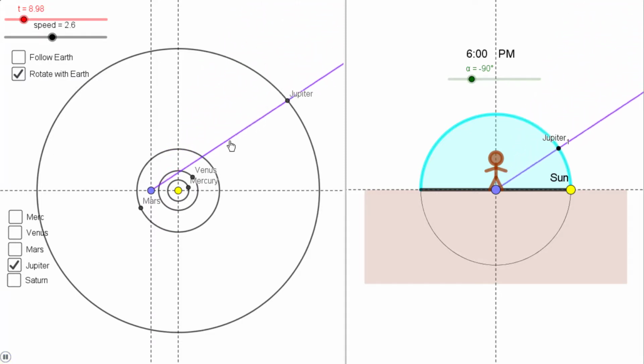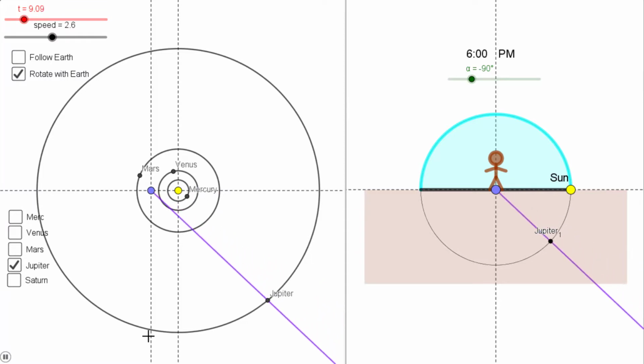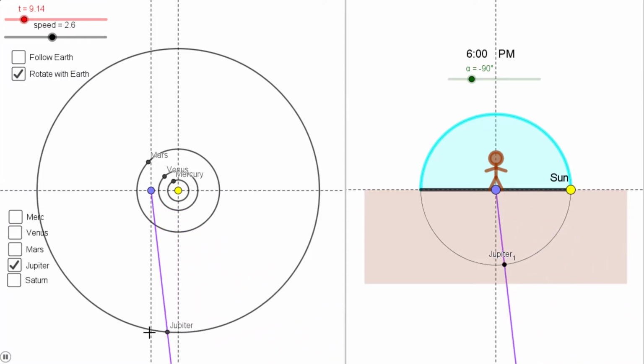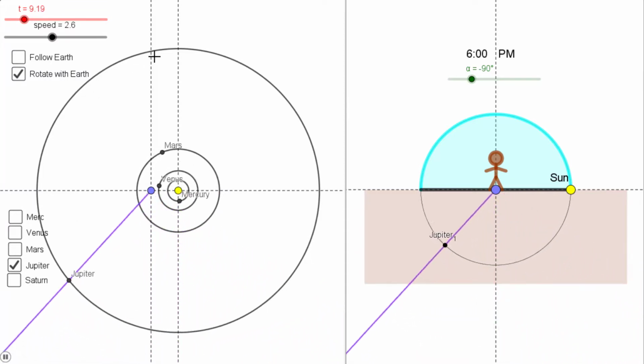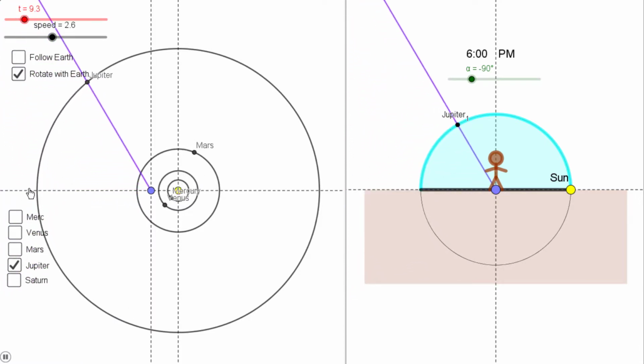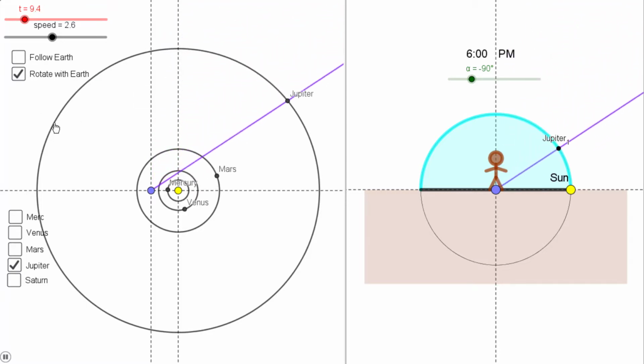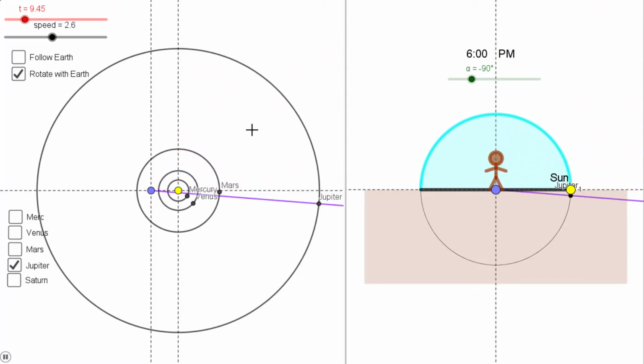So notice that Jupiter comes to quadrature a whole lot closer to just being the halfway point. So from quadrature to quadrature, yeah, this is shorter, and so Jupiter goes faster as it goes near opposition, but the difference between this side and this side is very slight.